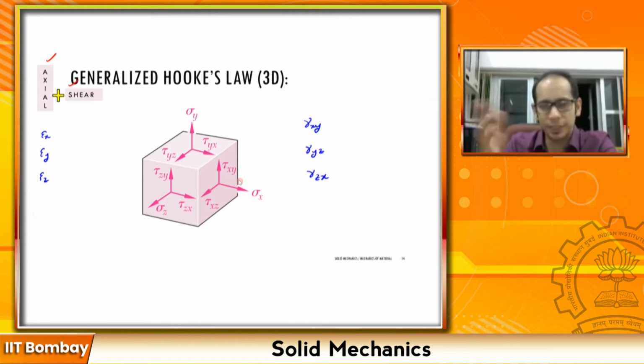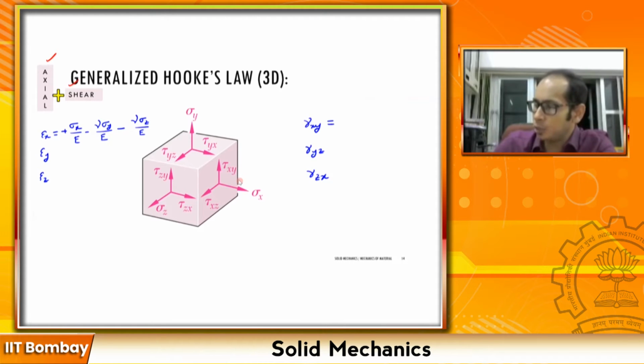So if I just have to expand a couple of them over here, remember my epsilon x was equal to a positive sigma x over E, right, minus nu sigma y by E, minus nu sigma z divided by E, and so on and so forth for the other ones.